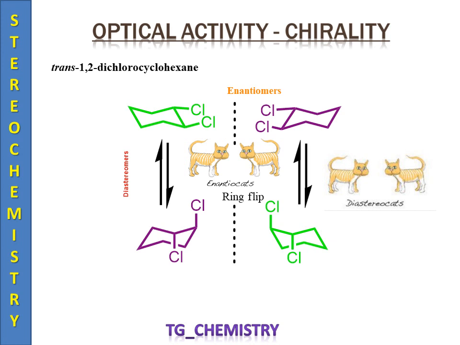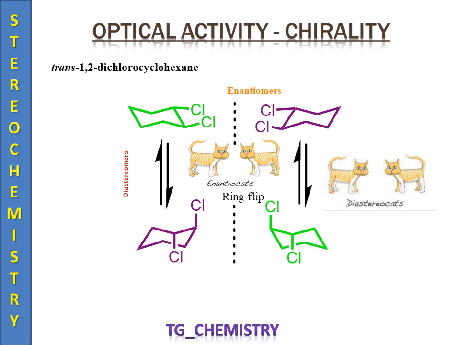Like the enantio cats, you can look at the legs of the cats, and you can see those are mirror images, and when you superimpose one over another, they don't superimpose, so they are non-superimposable. However, if you go on ring flipping each green or purple isomer, you will end up with another two stereoisomers, which are also mirror images of each other and non-superimposable.